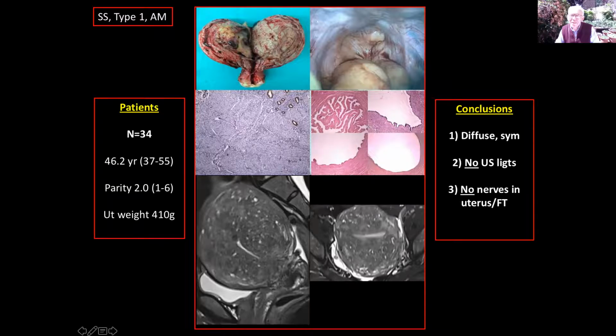So the key features in my mind are that there's this diffuse, painless, symmetrical enlargement. There are no uterosacral ligaments, and they're the bits that conduct the nerves into the uterus to supply both the uterus and fallopian tubes. And there are absolutely no nerves at any level of the uterus or fallopian tubes in this series of women that we looked at in Wenzhou.